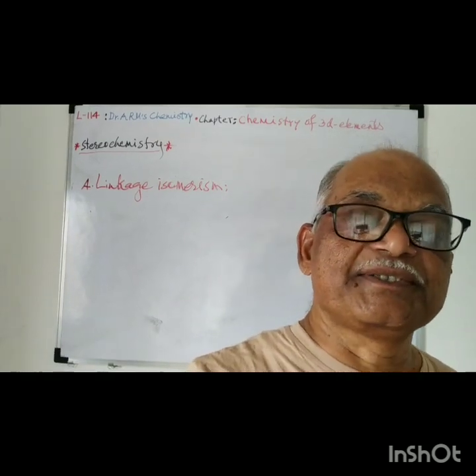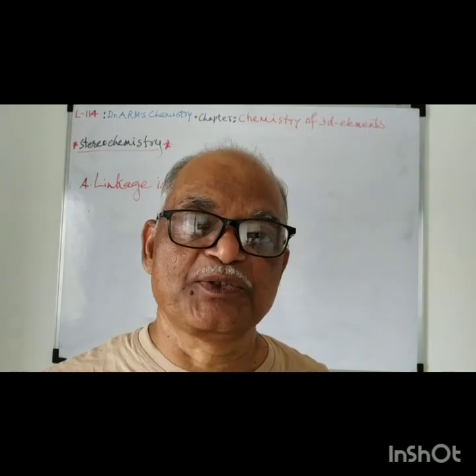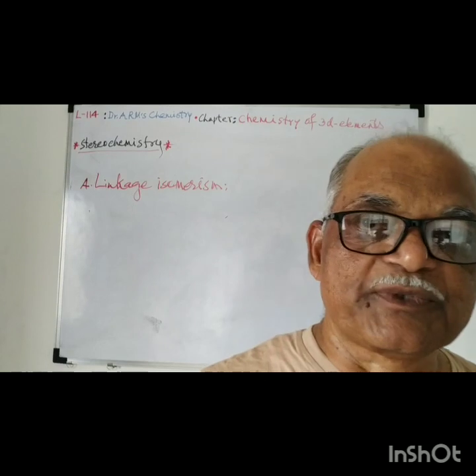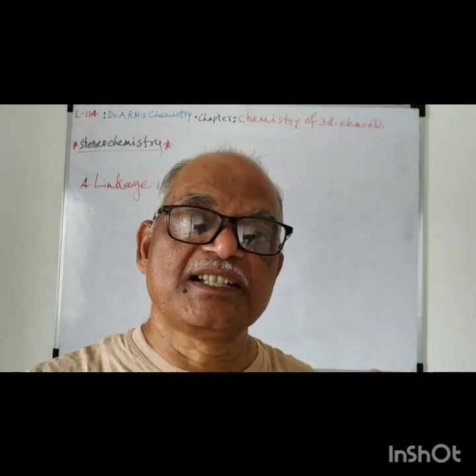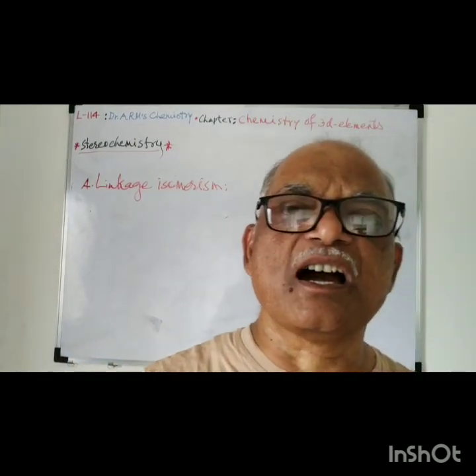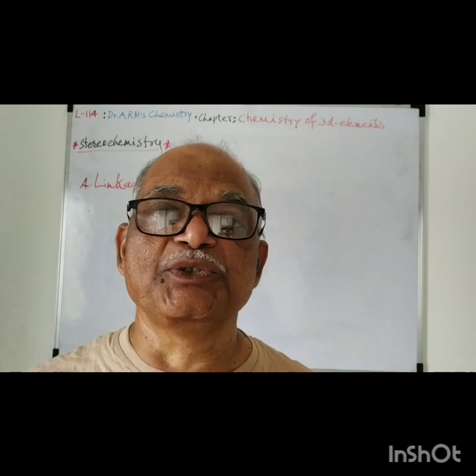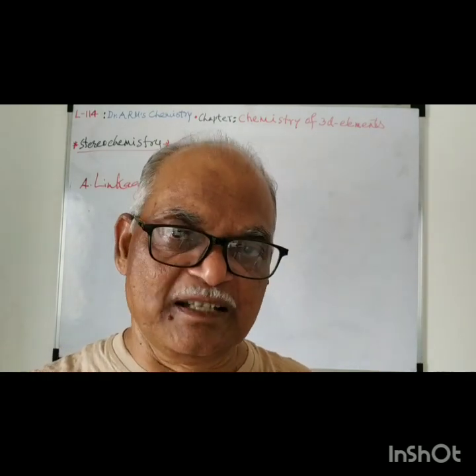Such ligands have 2 or more coordinating points of attachment or donor atoms. These are called ambidentate ligands, and when such ligands are present in the complexes, the isomers are obtained by using the same ligand with different points of attachment.